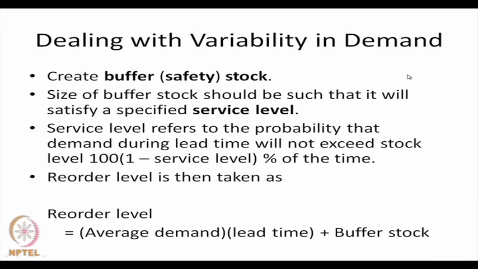We are now considering the case when there is a variability in the demand and when the lead time is also variable. Now, when there is a variability in demand, naturally you will have to keep a little more stock, because there is much greater variation in the demand. That means, around the mean value of the demand there is a variation.